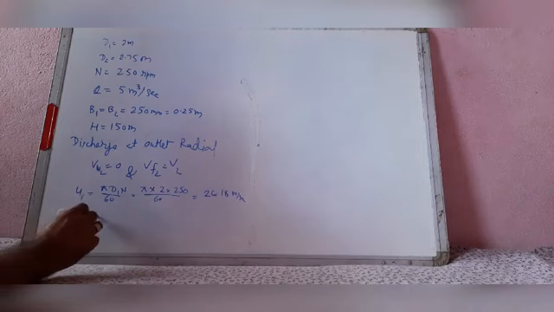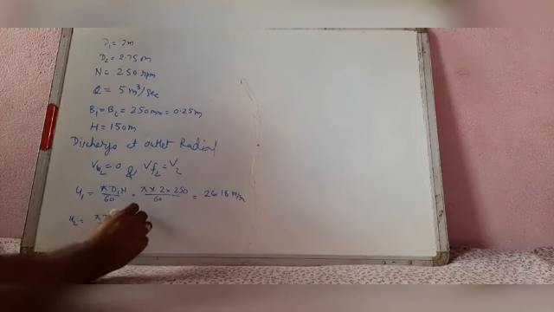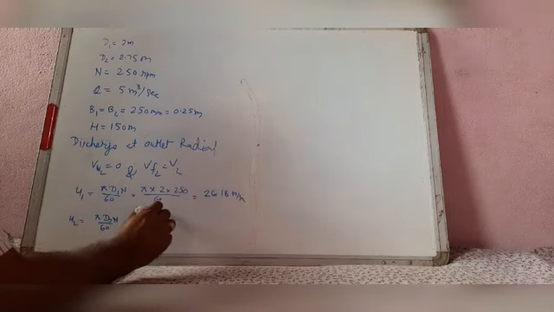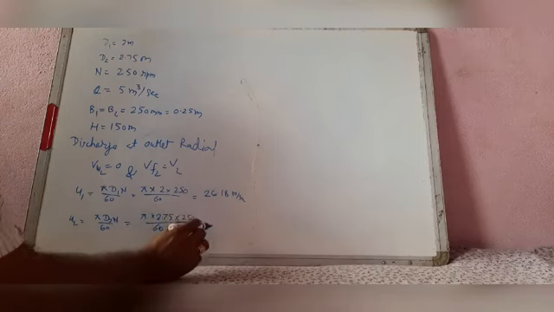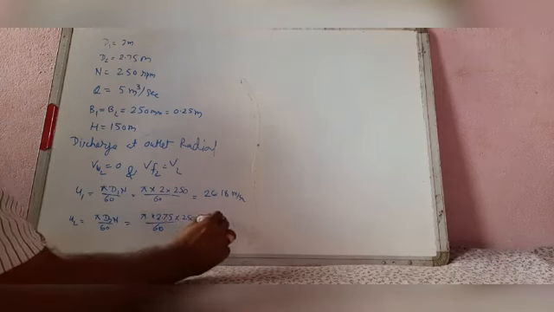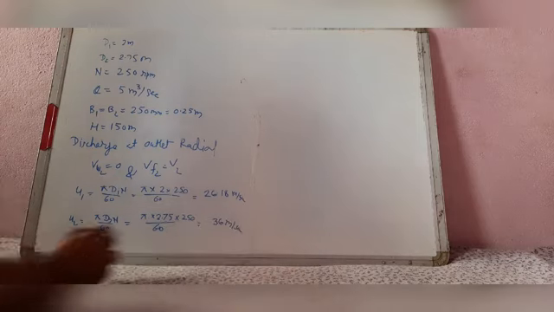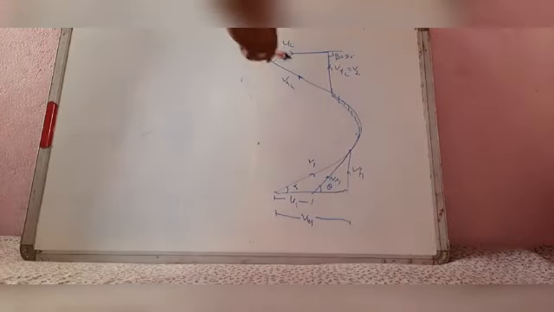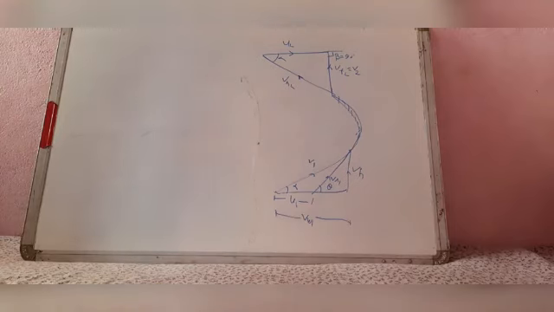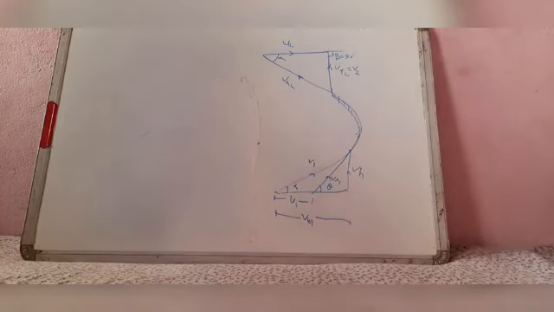U2 equal to pi d2 N by 60 equal to pi into 2.75 into 250 by 60. This comes 36 meter per second. This is for the inlet and outlet velocity of the outward radial flow reaction turbine.